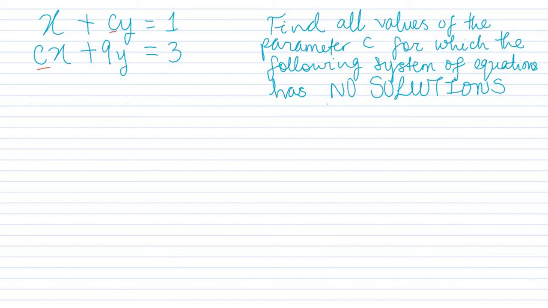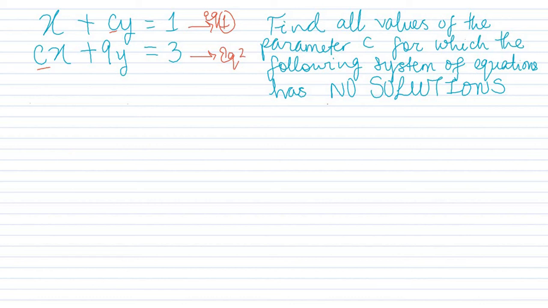For example, if you're given a question with 3 equations and 3 variables, the goal is to get it from 3 equations and 3 variables to 2 equations and 2 variables. But in this case, we're given 2 equations, equation 1 and equation 2, and we're going to go from 2 equations to 1 equation, and 2 variables to 1 variable.